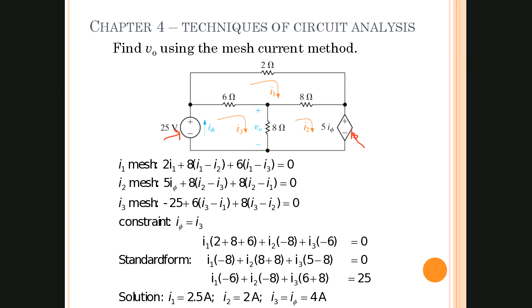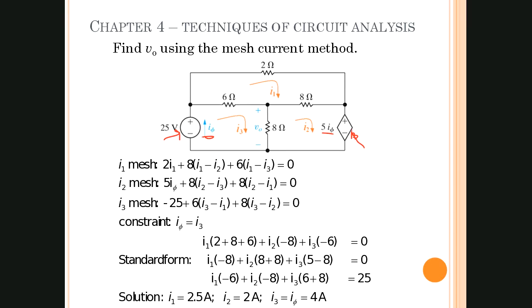And by looking at this, we know that the value of this voltage source is equal to 5 times I phi, and I phi is this current all the way to the left, right there. So this voltage source is classified as a dependent current controlled voltage source. Or you can say it the other way, current controlled dependent voltage source. Change the descriptors in any way you want, as long as they're all in there.